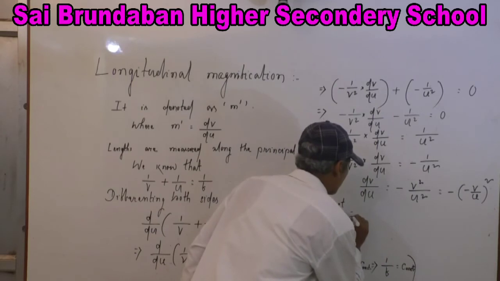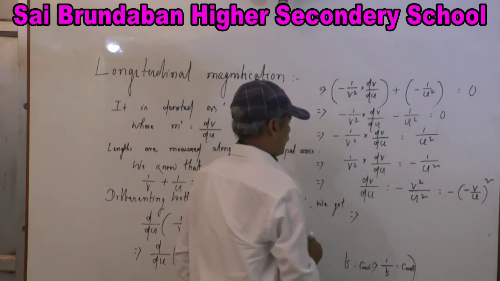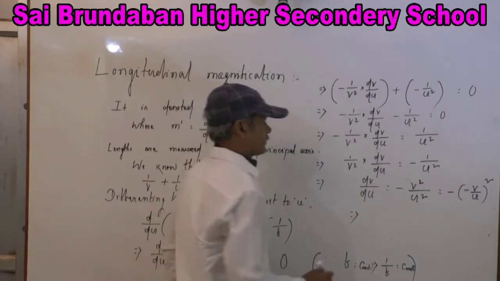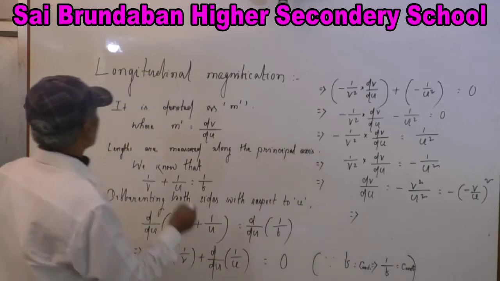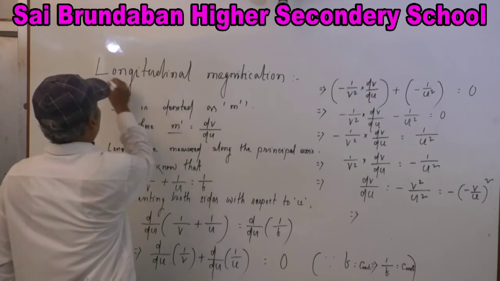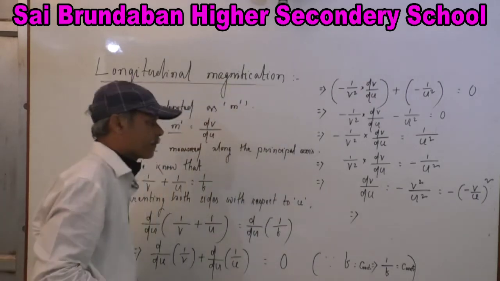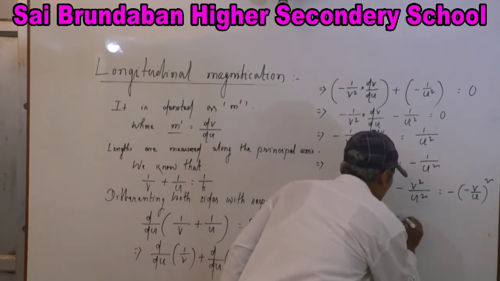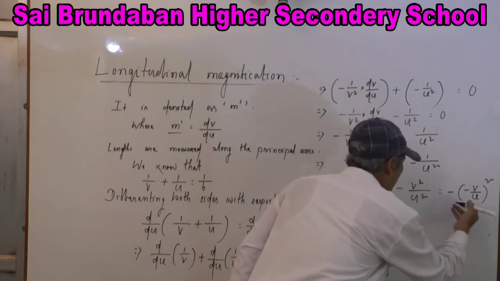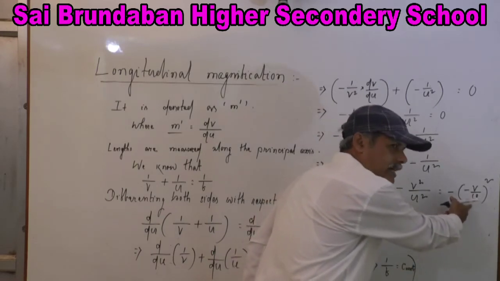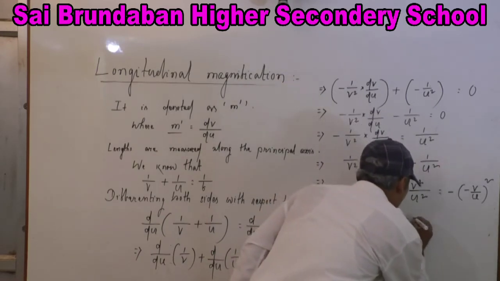Implies dv by du. What is dv by du? dv by du is m dash. What is m dash? m dash is longitudinal magnification. So write down m dash is equal to minus, this is what? This is m, transverse magnification, or you may say linear magnification, whole square.